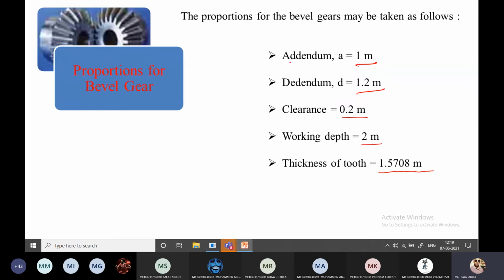So all values are given in terms of module. Once we get the module value, we can easily find all the parameters. How many parameters are given? 1, 2, 3, 4 and 5. We can easily determine all these parameters. After getting the module value, module is the important one.